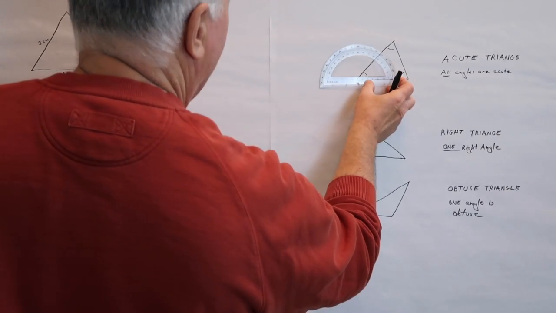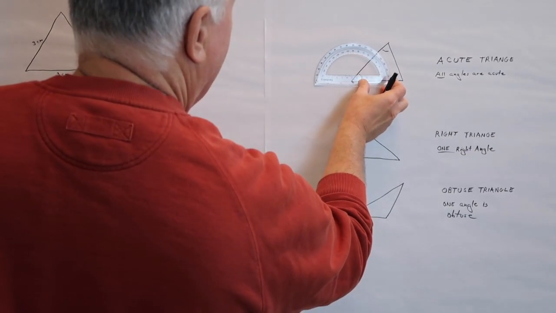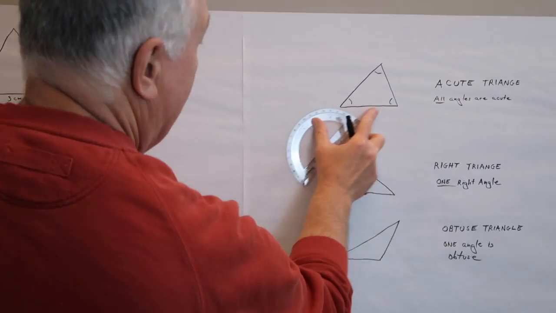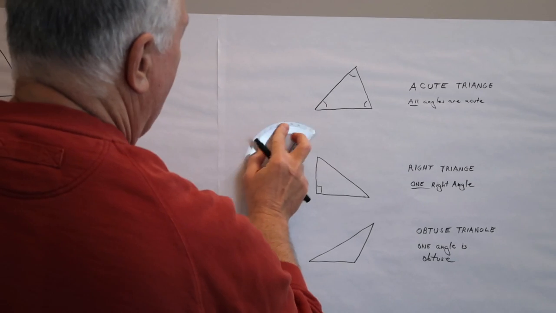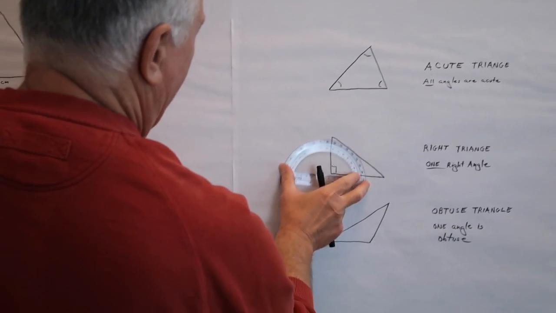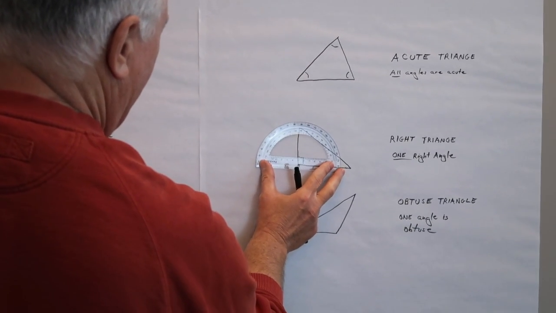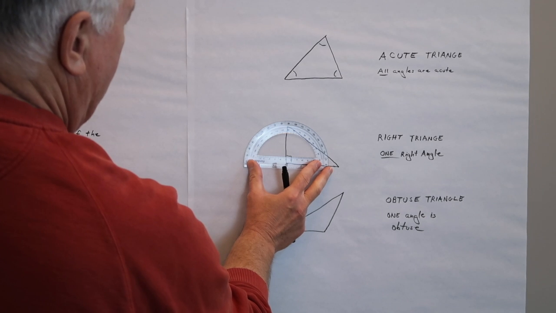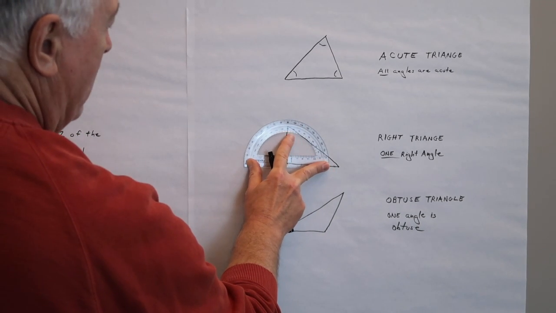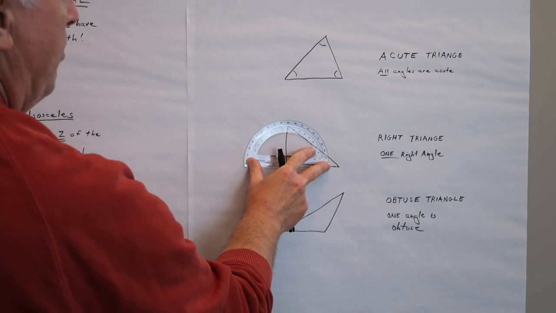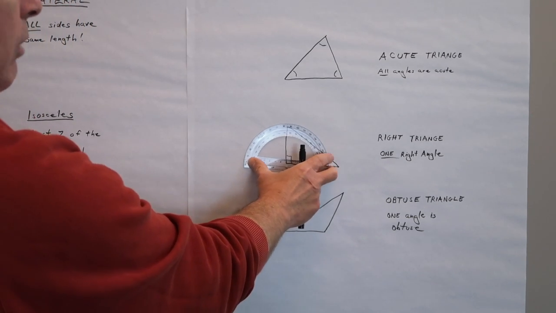So I'm going to put that point right there and line that up. And remember, this line right down here is always 180 degrees. Okay? So let's go down to this right angle here, because that's a better one. So that's 90 degrees right there. And if that line is going to the right, it's going to be less than 90 degrees, right?